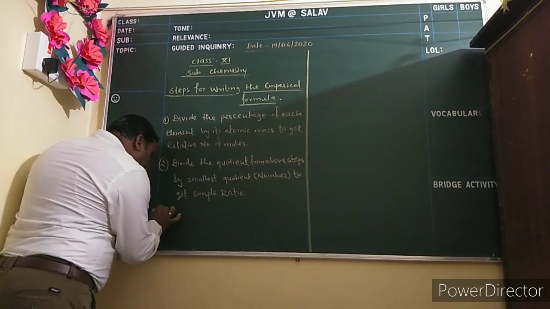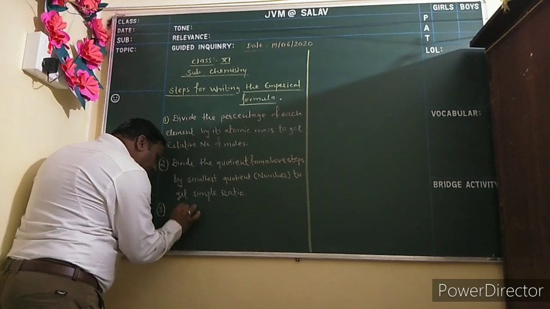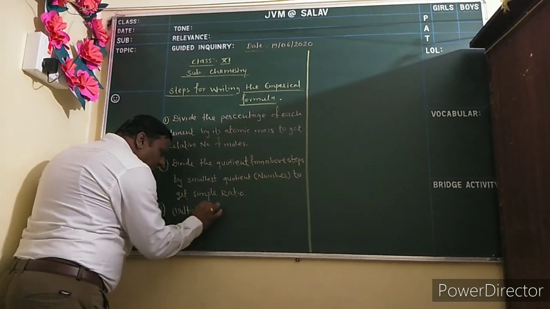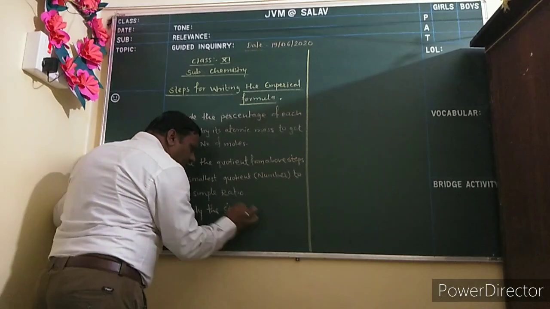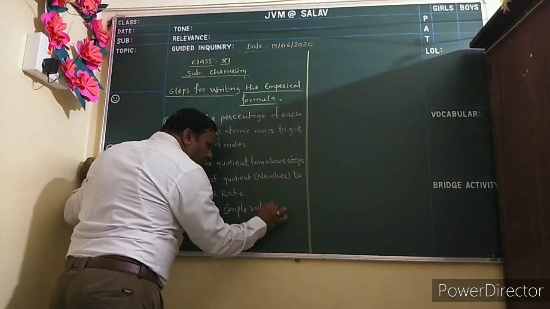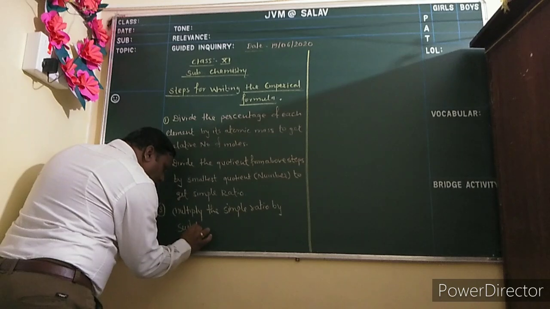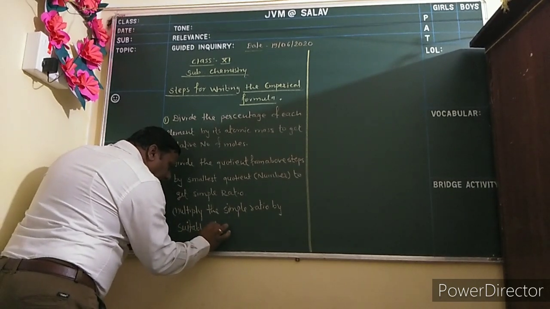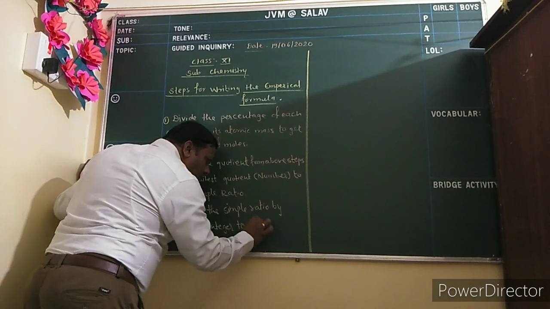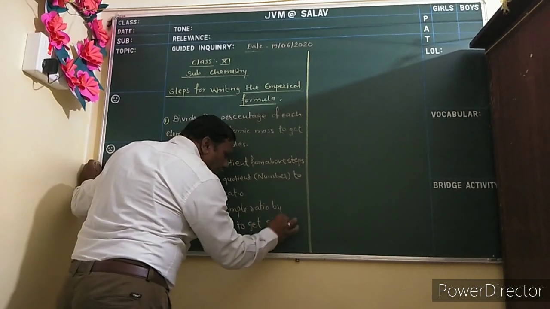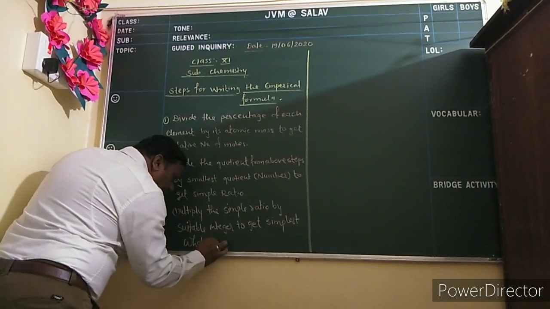Then number 3: multiply this simple ratio by a suitable integer to get the simplest whole number ratio.